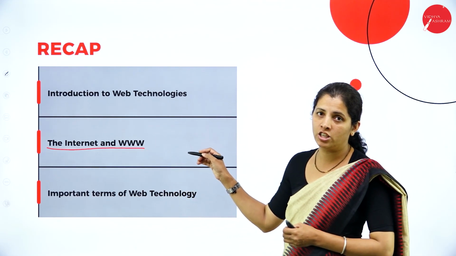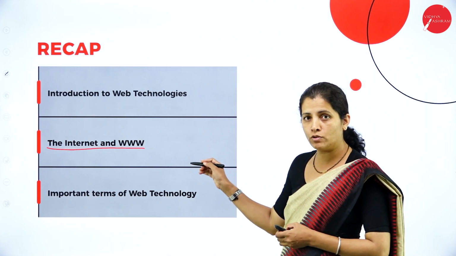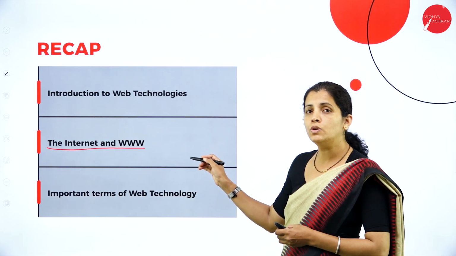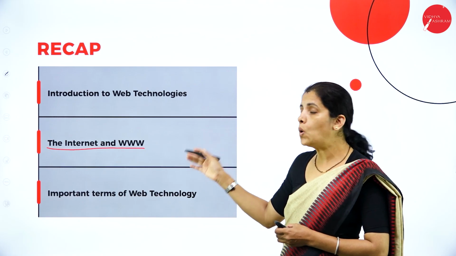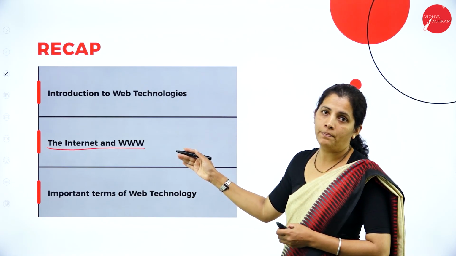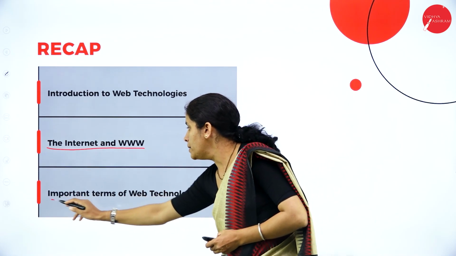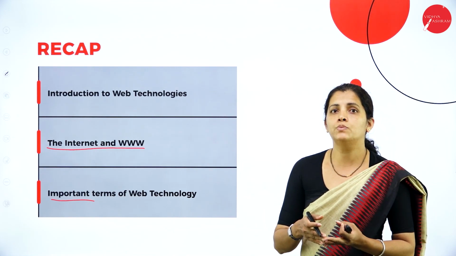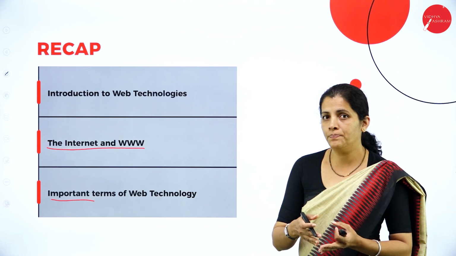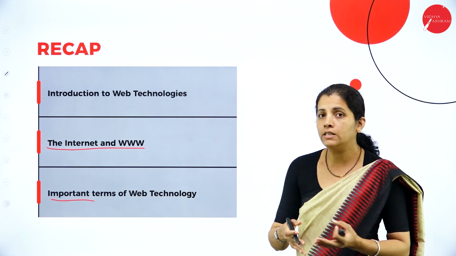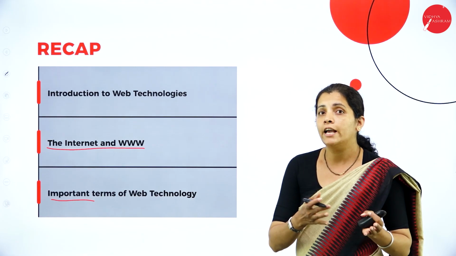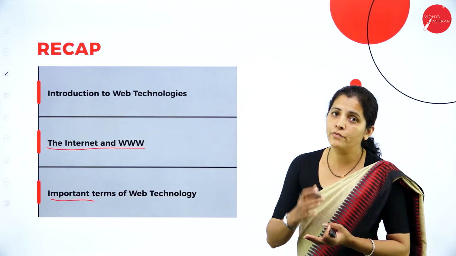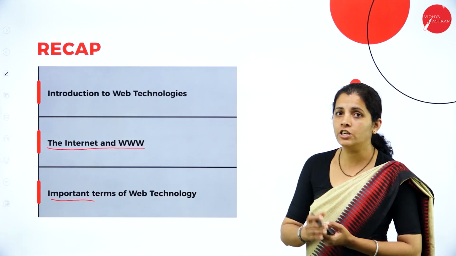It's a central repository used to store and host the web. Now, important terms of web technology. What is a website? What is a web page? What is a web server? What is a web client? What is HTTP? What is HTML? These are the terms we learned in my last session.